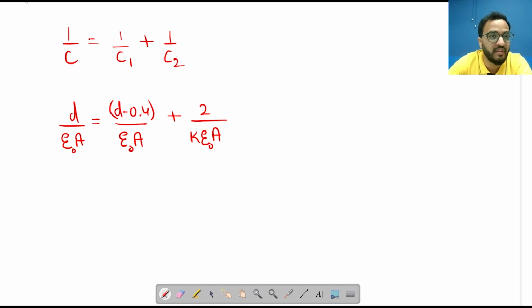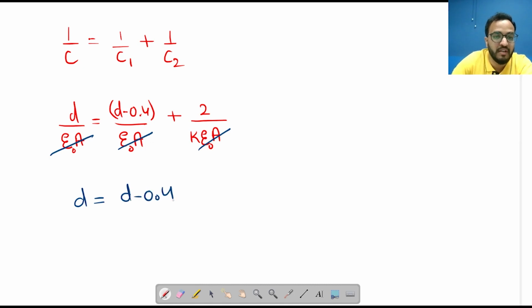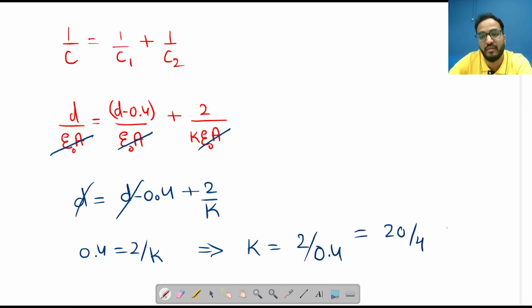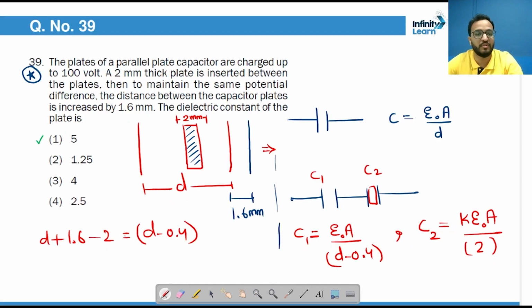So epsilon naught A will get cancelled. It will be D equals D minus 0.4 plus 2 by K. Now D and D are going to get cancelled. So 0.4 is equal to 2 by K. So K will be 2 upon 0.4, that is 20 upon 4, that is 5. So which option is correct? First option is correct.